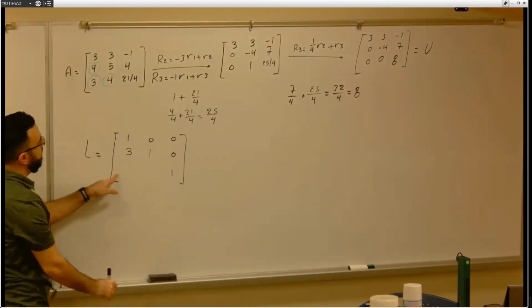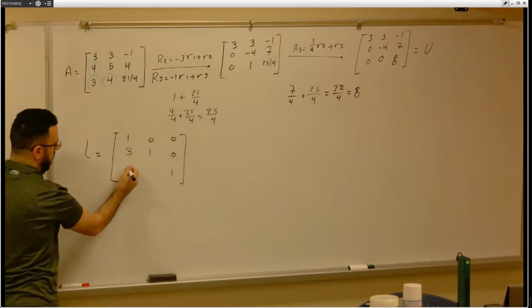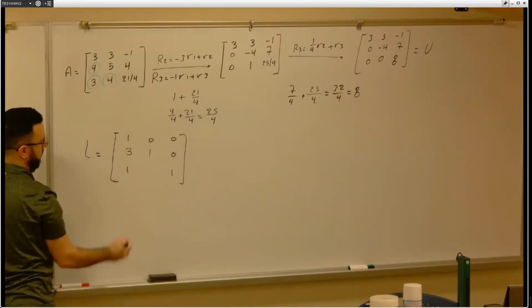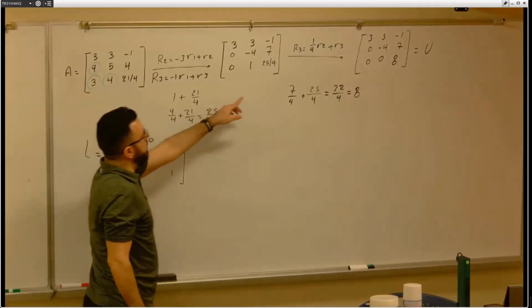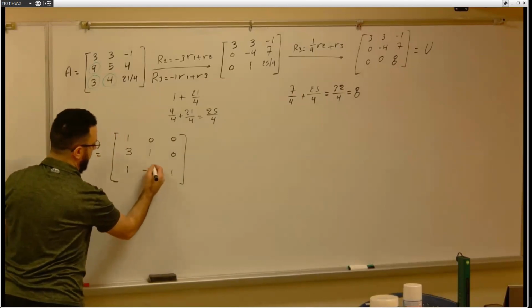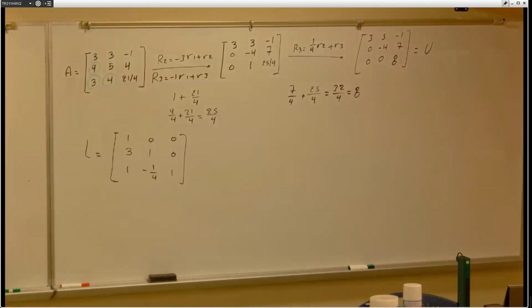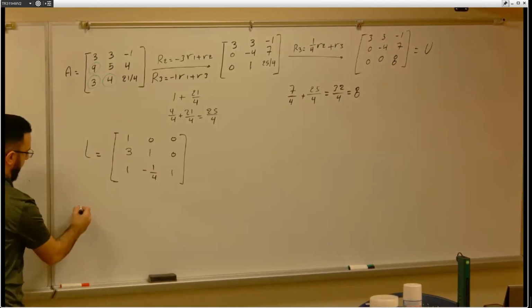The second number, -1: what I write down here is 1. The third operation, 1 over 4: what I write down here is -1 over 4. That's it. Check. And A equals LU.